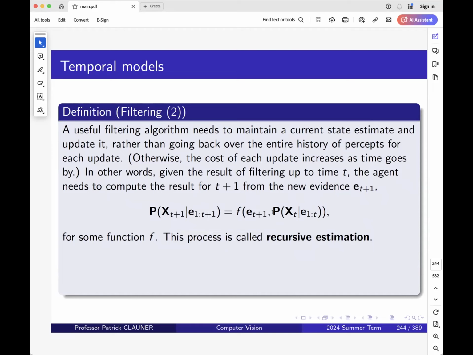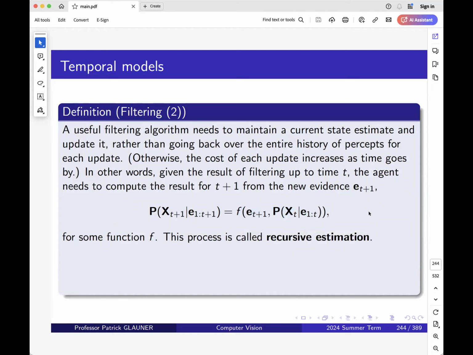What I actually want is that I have this posterior distribution xt given the evidence up to t, plus the new evidence coming in, and I want some function to calculate this for me without going back into all the past evidence.